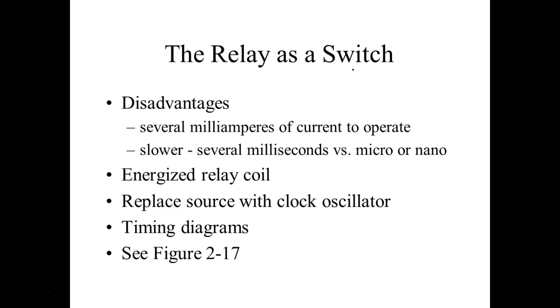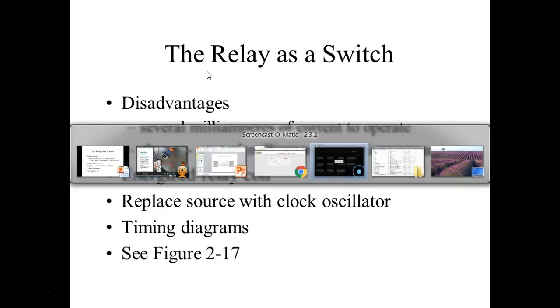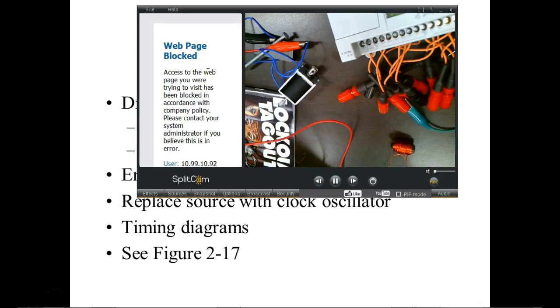Now, what's nice about relay outputs is we can put AC, we can put DC, and any voltage level out there. So they're more versatile as far as what we can put on them, but we can't run any extremely high-speed devices with this thing because of the time it takes for the relays to respond, right?